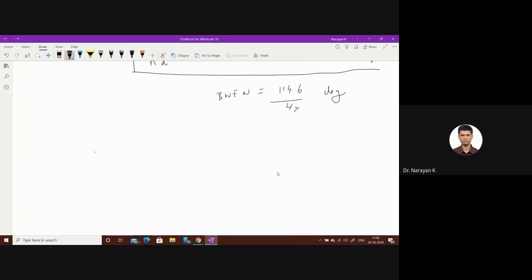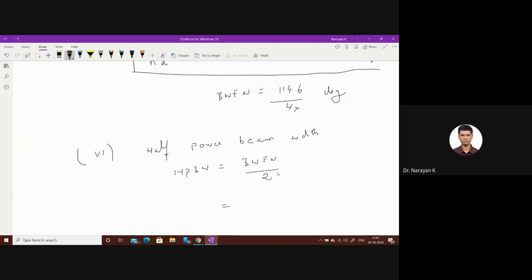Next, half power beam width. Half power beam width, HPBW, will be nothing but your BWFN, beam width between first nulls, divided by 2.